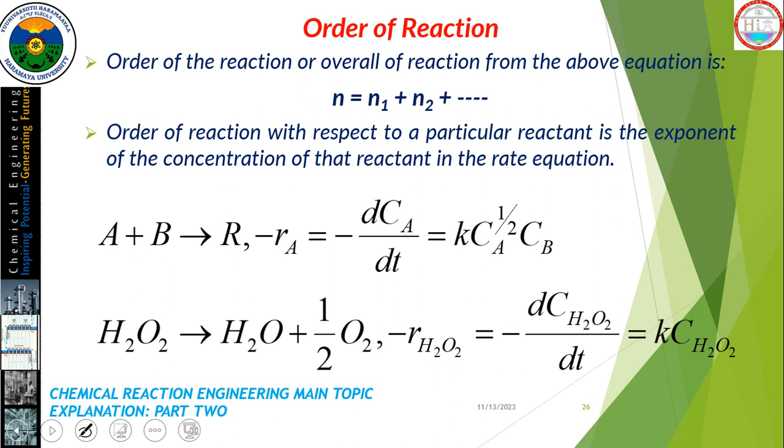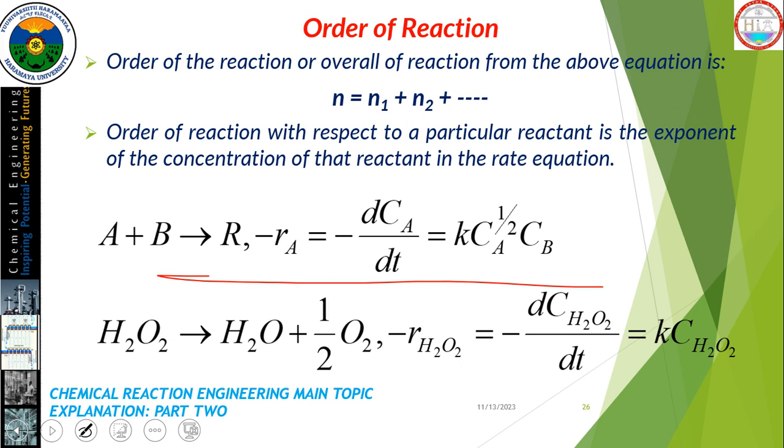The order of the reaction with respect to a particular reactant is the exponent of the concentration of that reactant in the rate equation. For A plus B giving R, A and B are colliding in order to form R, so the rate of the reaction is written like this.